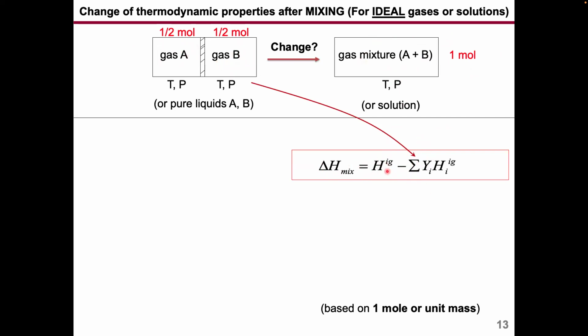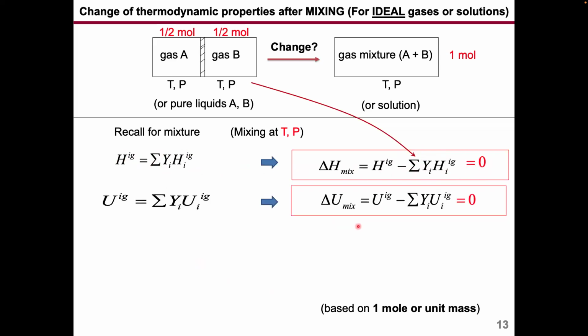So we already know this is the mixture property, and then minus summation Yi Hi is basically your initial enthalpy. And then this delta H is going to be the change in enthalpy due to mixing, right? So we already know for mixture, H^IG is equal to this, so the change due to mixing in enthalpy is just 0, right?